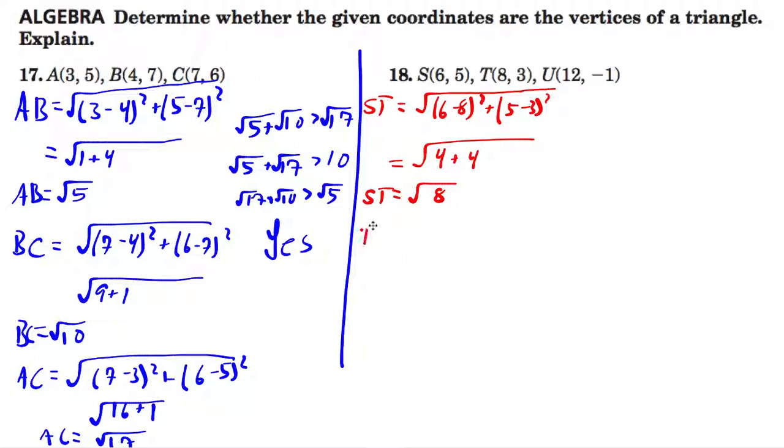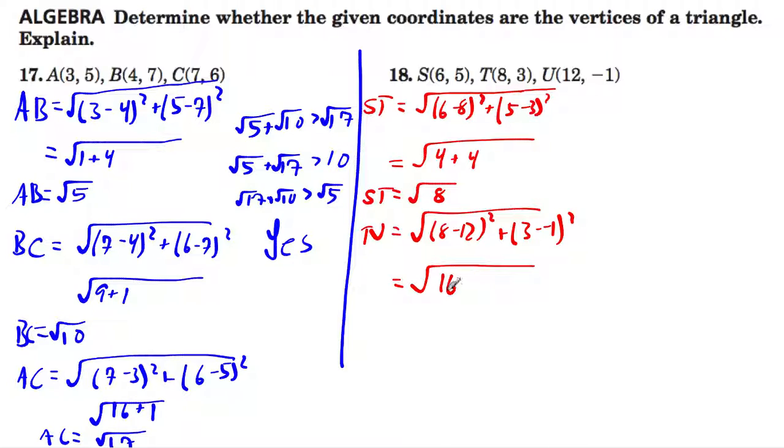We can work right here, so TU is equal to the square root of 8 minus 12 squared plus 3 minus negative 1 squared. So this is going to be negative 4 squared, which is 16, plus 16. So TU is the square root of 32.